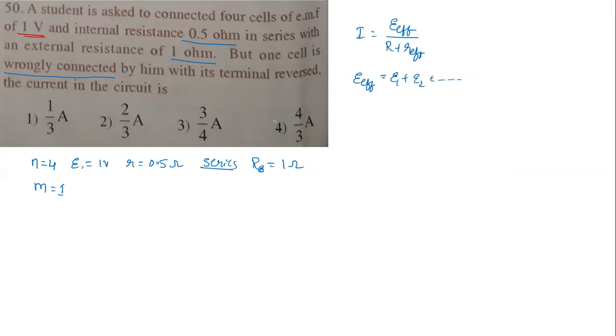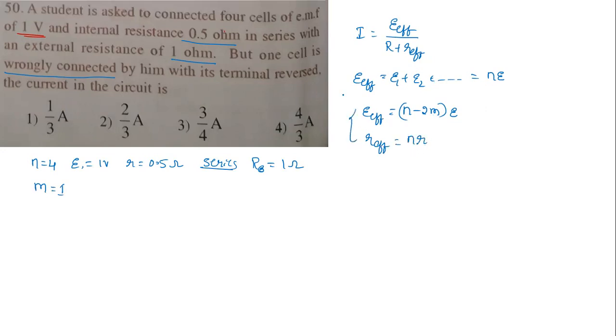But here a cell is wrongly connected, so I take E effective equal to N minus 2M into E. If N cells are there, it would be N times E, so it is N minus 2M times E, where M is the number of cells wrongly connected. The effective resistance will remain the same. Even though you connect it in any manner, the resistance will not change. R effective becomes N times r.